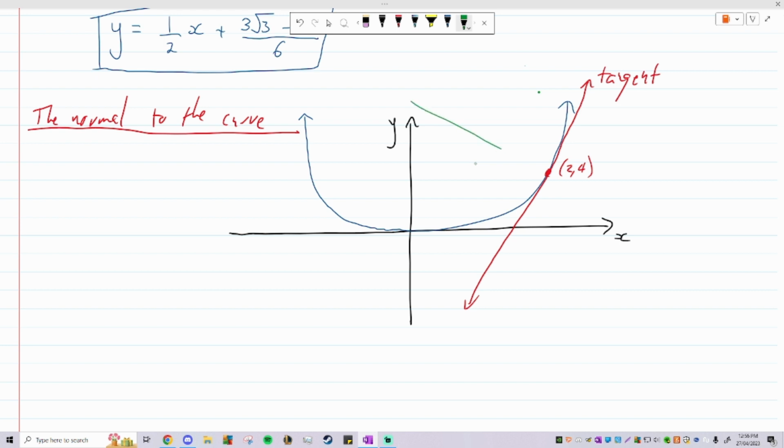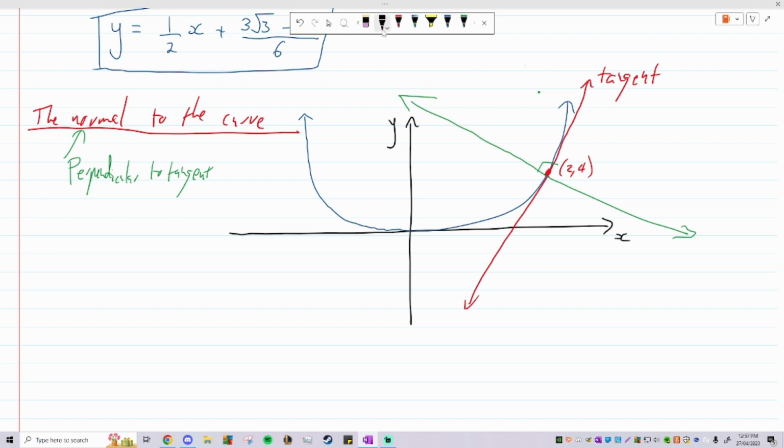So I'm looking at normal to the curve where they meet at this right angle. So whenever you see normal to the curve, you almost think perpendicular to tangent. That's all that the normal is.